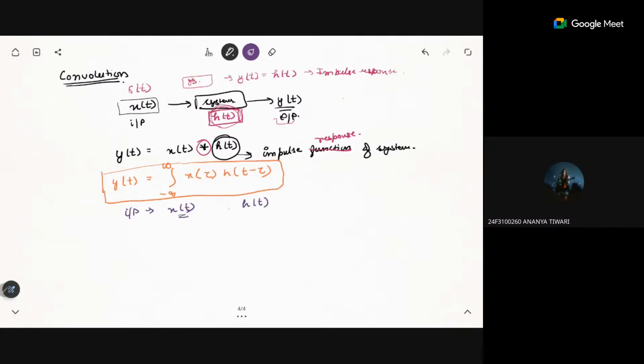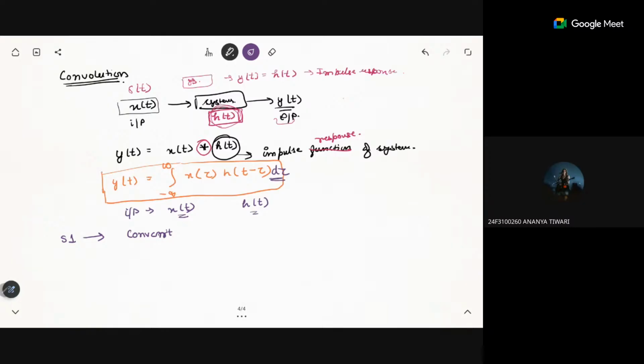This will be in the time domain. So your first step is to convert. Sorry, I forgot this d tau. The integration is with respect to d tau. Once you see that the integration is with respect to d tau, then immediately convert.